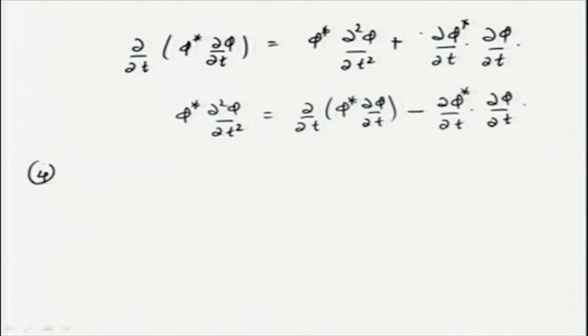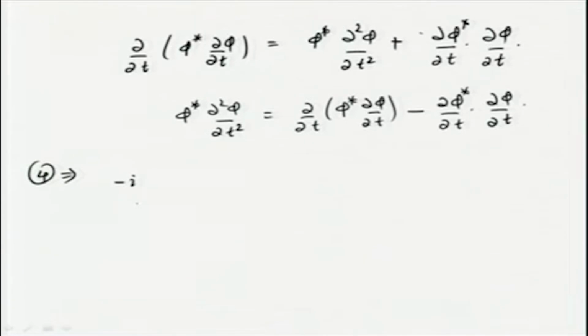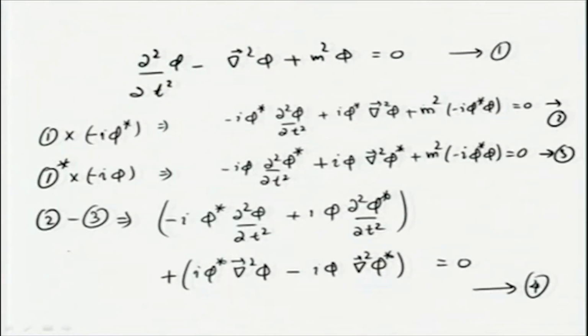So, when we put this back in equation 4, minus i phi star ∂²phi/∂t² is replaced by ∂/∂t acting on phi star ∂phi/∂t, minus ∂phi star/∂t ∂phi/∂t. Plus, we have taken a minus i from the first one, therefore it will be a plus i phi, which becomes a minus phi now.